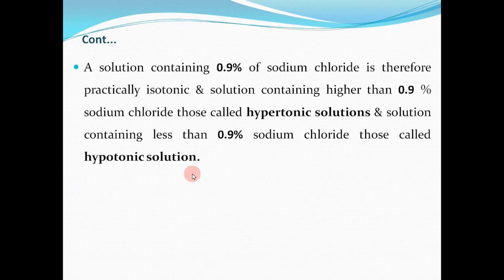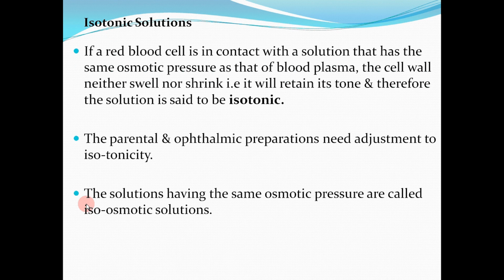The solution containing 0.9% sodium chloride is practically isotonic. A solution containing higher than 0.9% sodium chloride is called a hypertonic solution, and a solution containing less than 0.9% sodium chloride is called a hypotonic solution. This is all about isotonic solution.